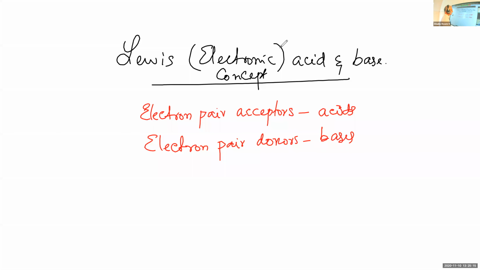Electron pair donors are bases. Electron pair acceptors are acids. An electron pair acceptor is electron deficient. There will be fewer electrons, that's why they can accept electron pairs. While electron pair donors are electron rich. There will be lone pairs of electrons.